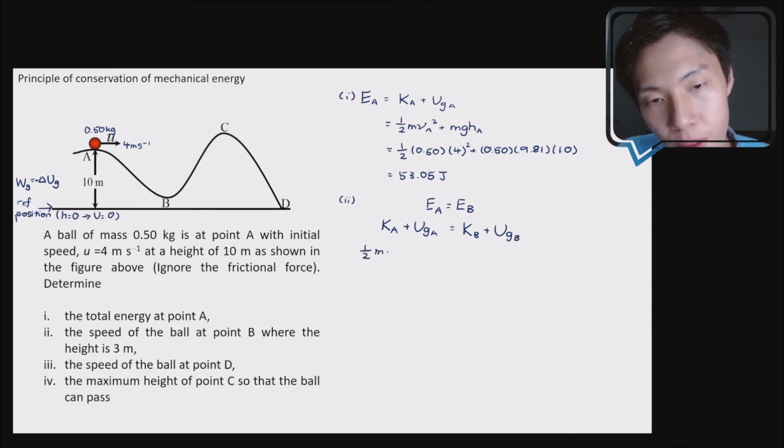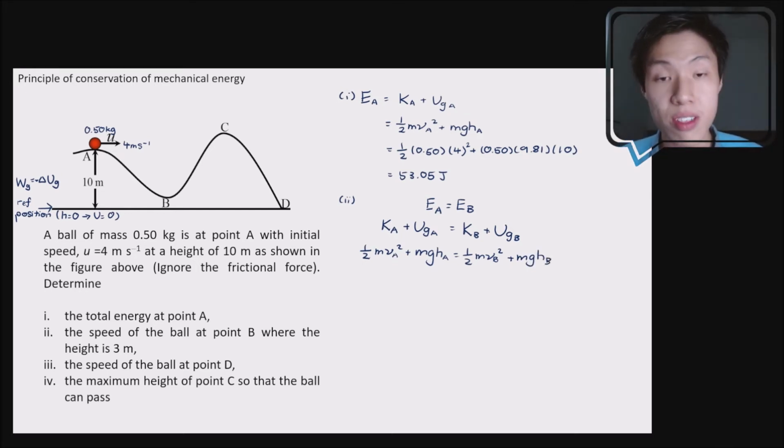This will be half mVA squared. This will be mgh at point A. This will be half mVB squared. This will be mg height at point B.